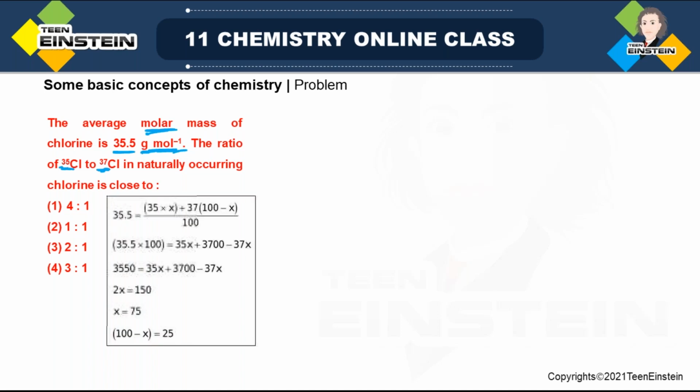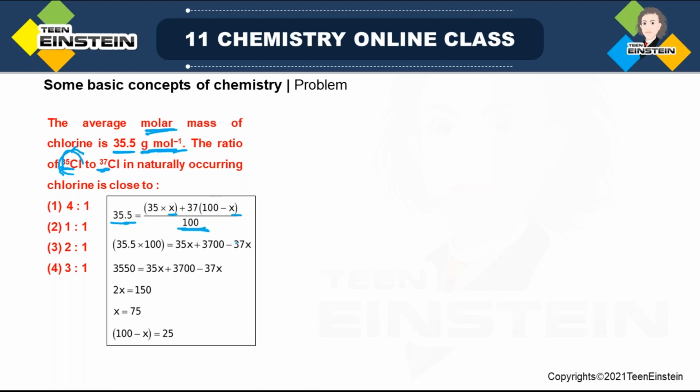Okay, so this is the calculation. This side the value we already know, and since only two isotopes are there, suppose the abundance of the first isotope, mass 35, is X; obviously for the second isotope it will be 100 minus X. So we have 35 multiplied by X plus 37 multiplied by (100 minus X), and together you divide it by 100.